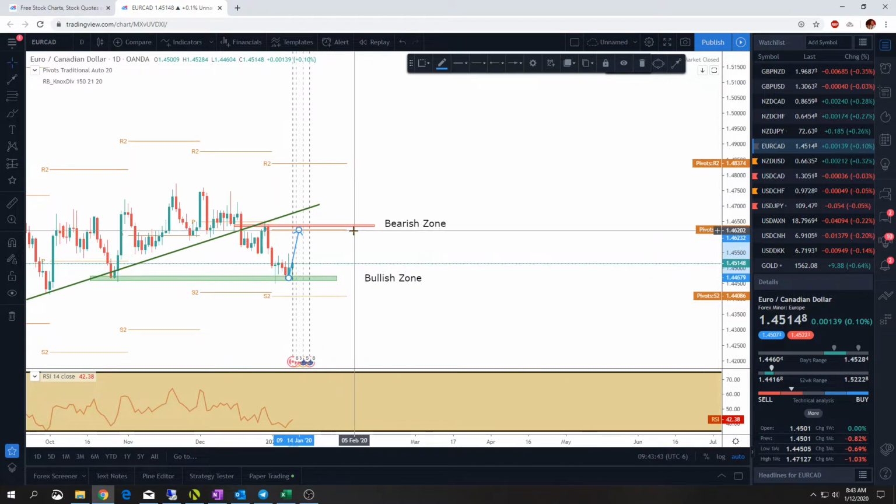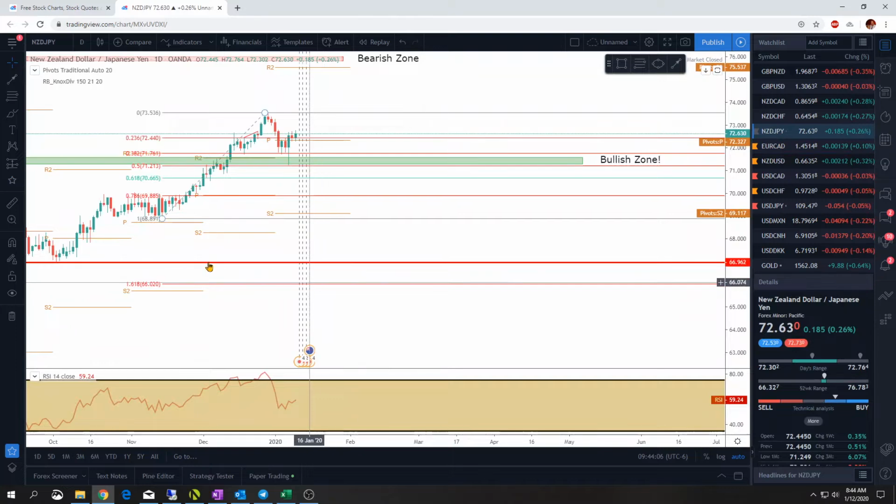Price loves to find its way back to the pivot, especially after an upward trend. We had a break, we have a retest, so it should be bearish, but we're starting to respect this support line, and we're just going to have to see what happens here, people. I like this one bullish until it hits that pivot.